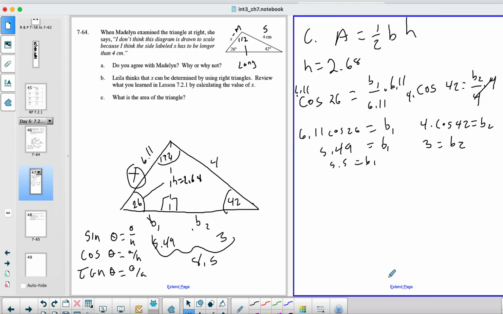So we can finally use our area formula. So the area equals 1/2, our base is 8.5, and our height is 2.68.